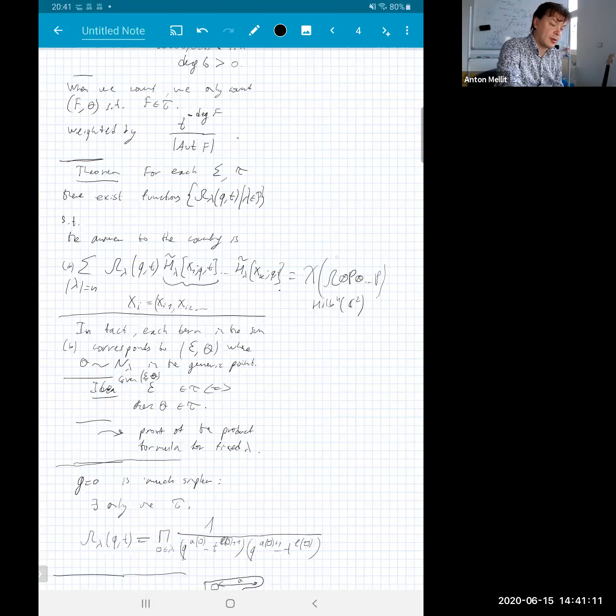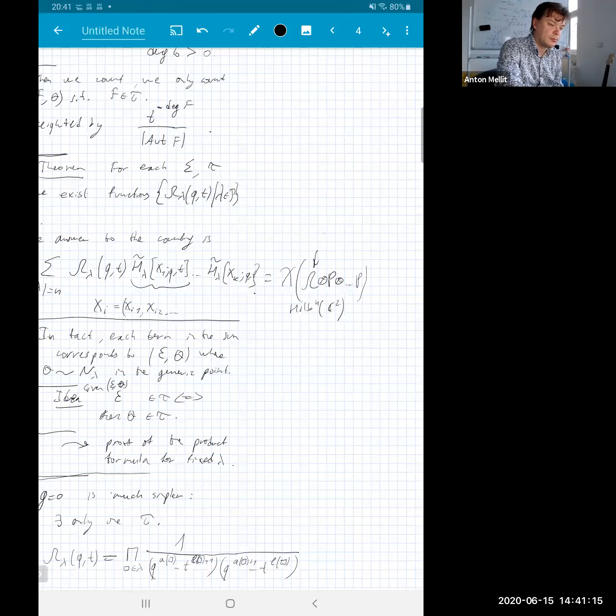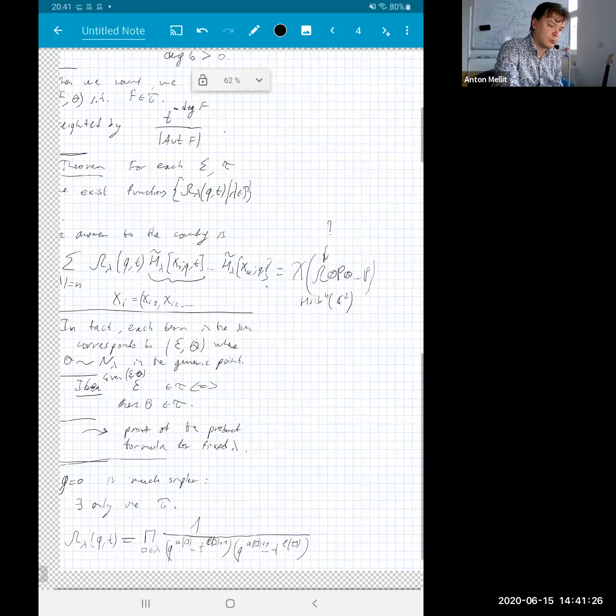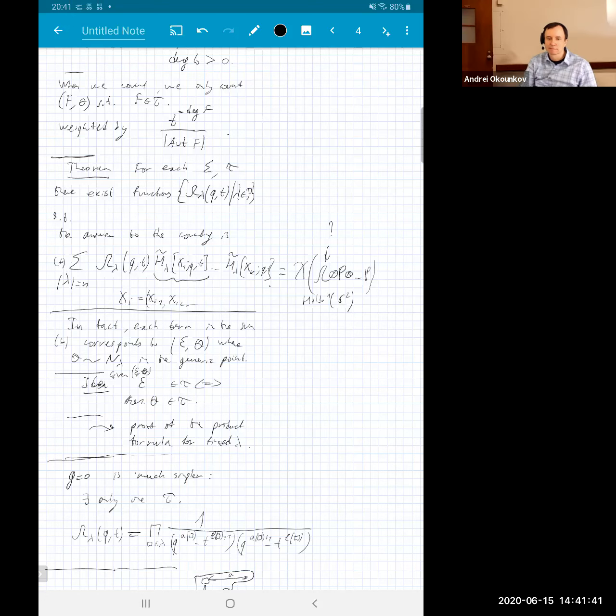All the complexity is hidden in this bundle, which depends on the curve and on tau. I'm summing over a single partition, not over tuples of partitions or anything more complicated. Yeah, I understand.